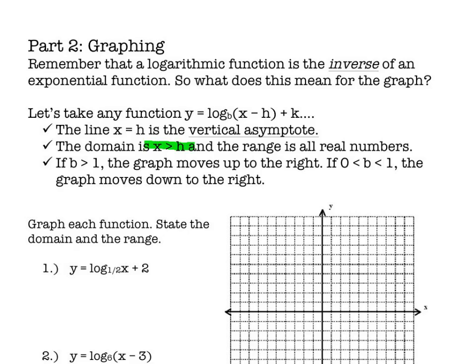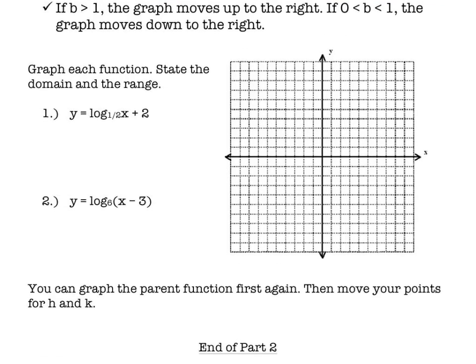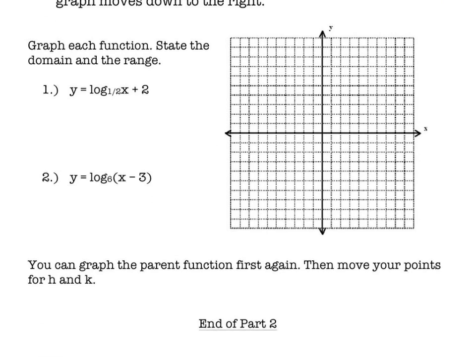Now, if b is greater than 1, the graph moves up to the right. If b is between 0 and 1, the graph moves down to the right. Just like we did with these transformations of exponential functions, we can graph the parent function first and then move those points around for h and for k.